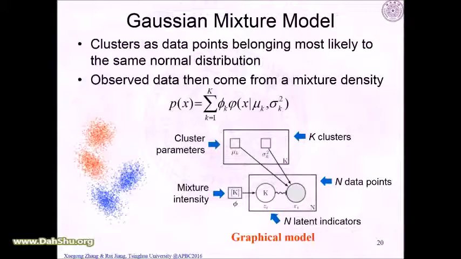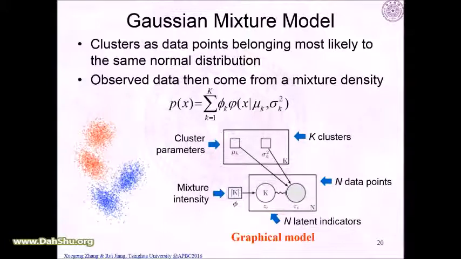So we convert the clustering task to an estimation of this mixture model. In this mixture model, there are parameters for each cluster, for each Gaussian distribution, and there is a mixture parameter. So the idea is like this.